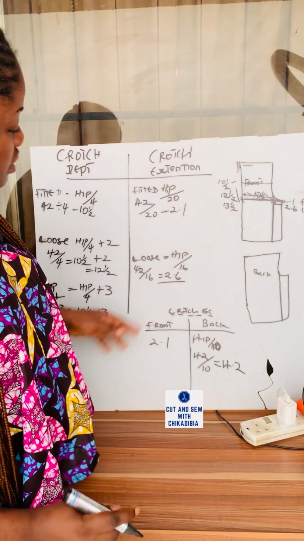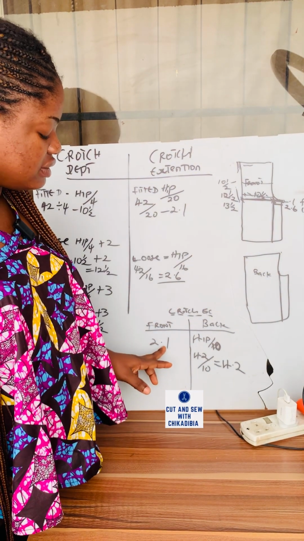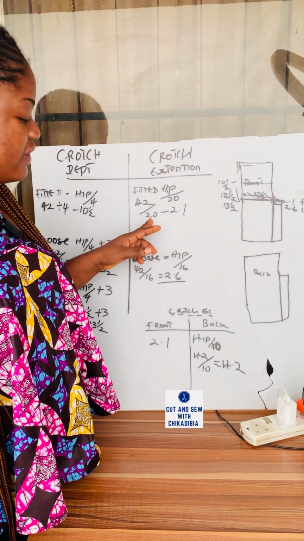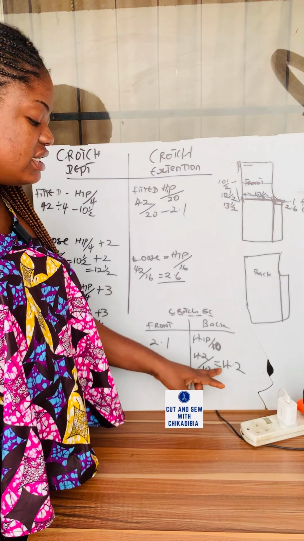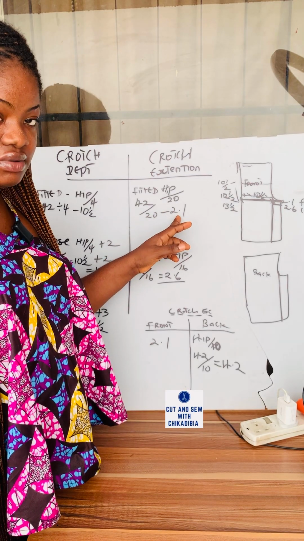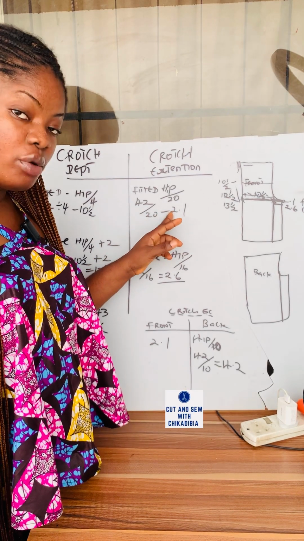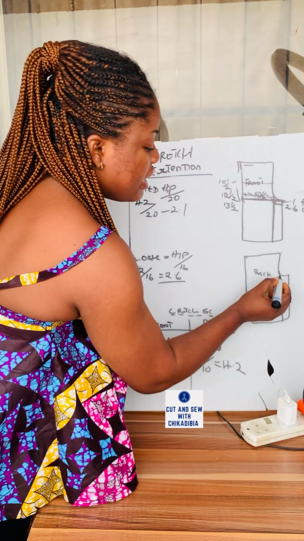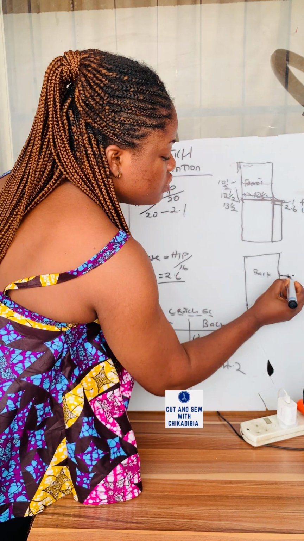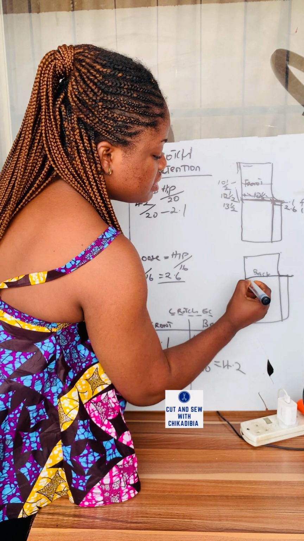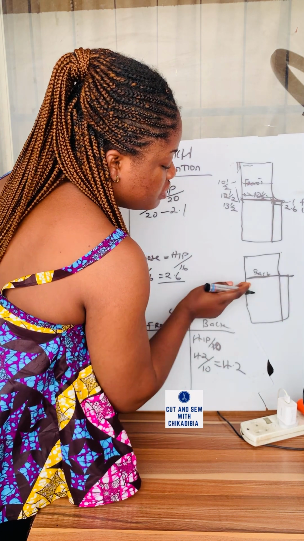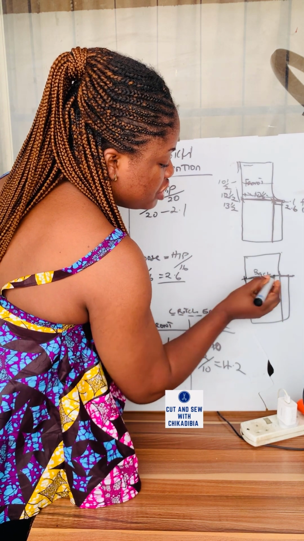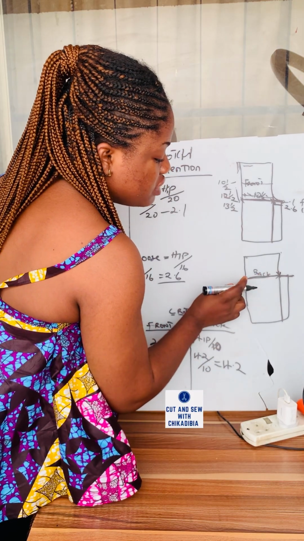You understand? We divided by 20 and it gave us 2.1. Now we divided by 10, it gave us double of this. So from here to here is the crotch extension. Here is your hip.